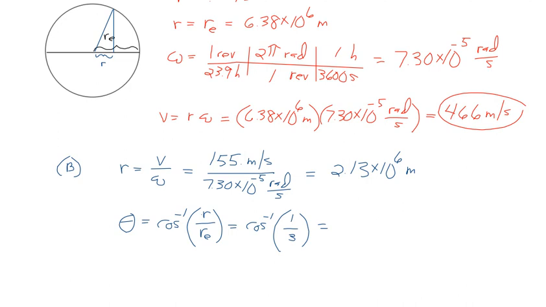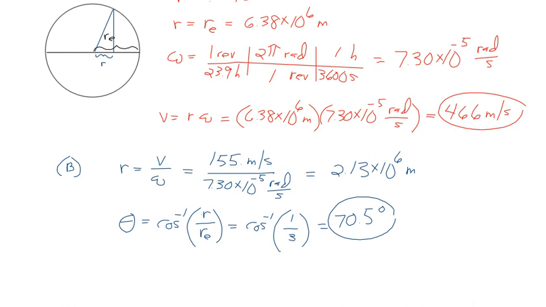Hopefully it comes out to be 70.6. 70.53. Okay, so I guess how numbers are rounded off would make a little bit of a difference. All right, so that is part B.